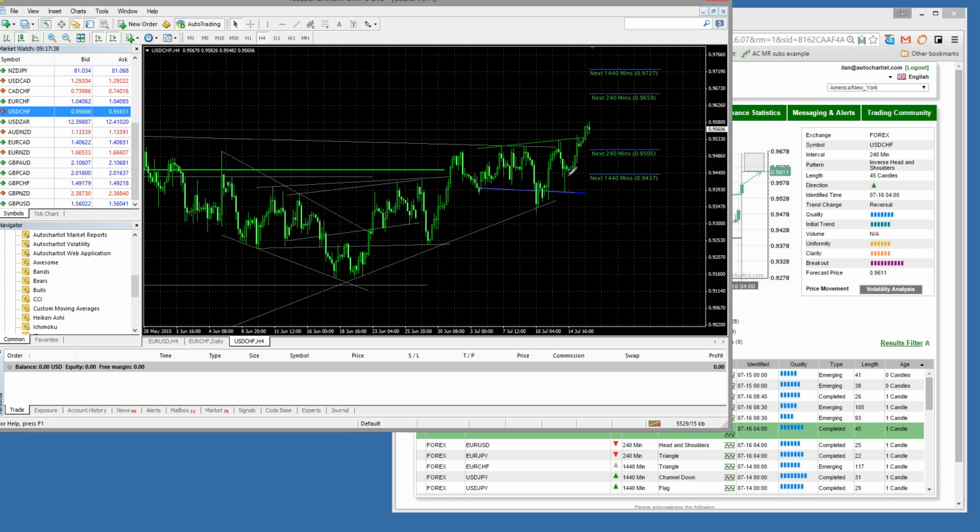And again, we can see quite a lot of consolidation around this level over here, right? So an interesting level that Autochartist identified there as resistance. Now let's actually get back to topic for this webinar. Let's actually add in a moving average indicator.